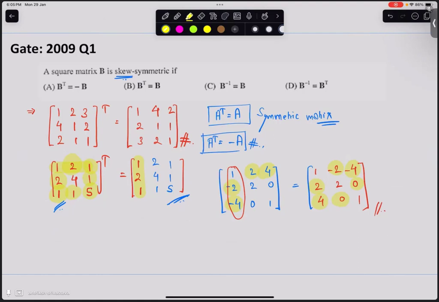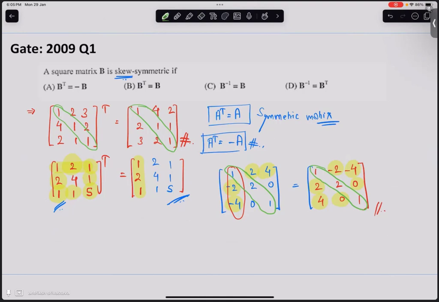Those of you who are thinking that it is skew symmetric, you are missing a major thing in this question, that is the diagonal. When you perform the transpose of a matrix, the diagonal elements don't change, right? So in case of the symmetric matrices, the diagonal elements don't matter when we are trying to check whether the matrix is symmetric or not.